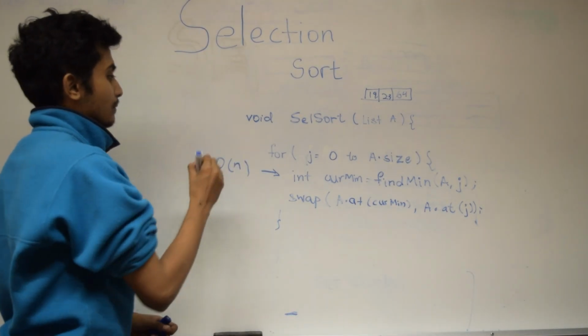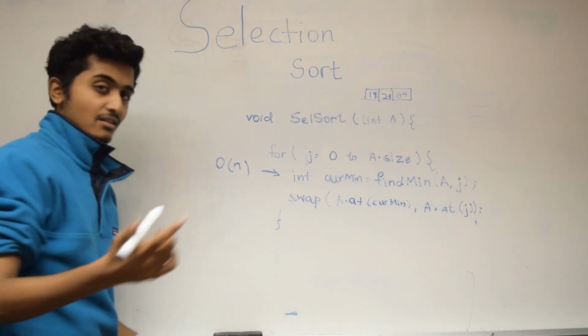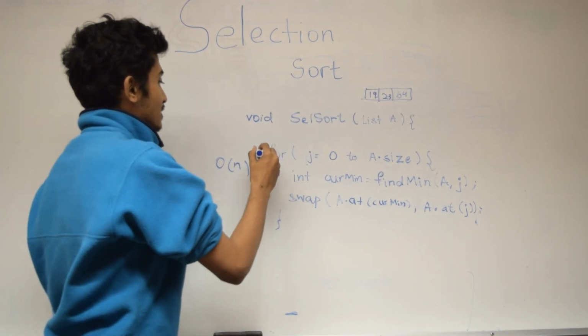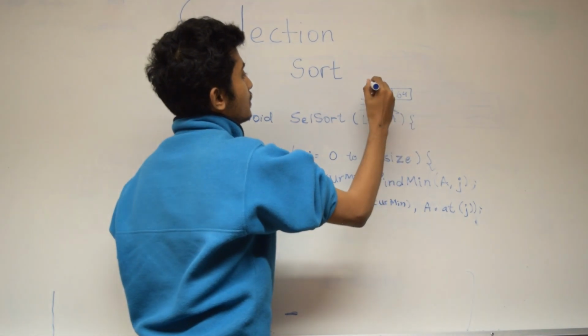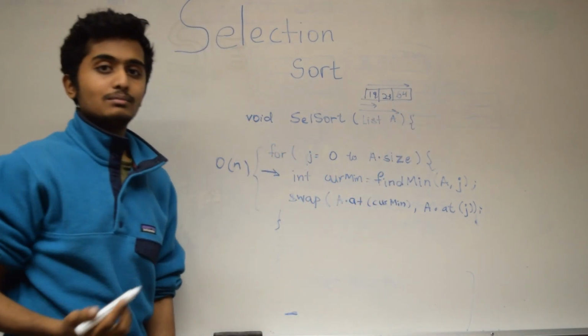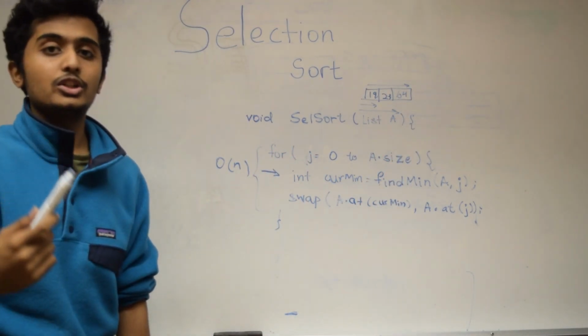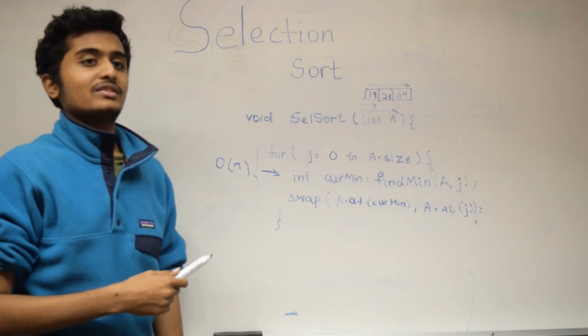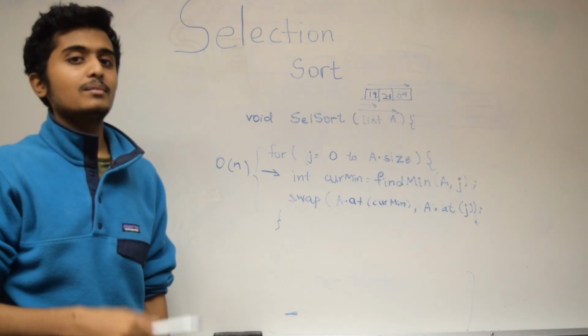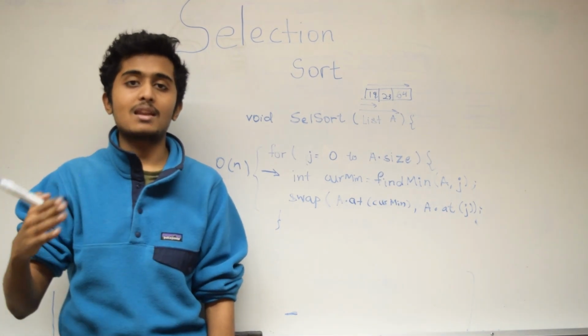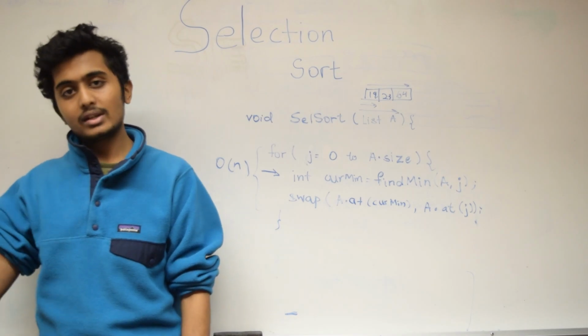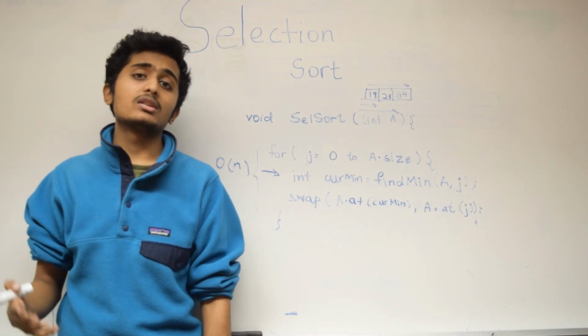And since we are running an O of n function across an entire list, we're going from here to here to here. Essentially, we are running the operation n times, and then n minus 1 times, and then n minus 2 times. And by the arithmetic sum, n plus n minus 1 plus n minus 2 all the way down to 1, the sum of that is n squared divided by 2.